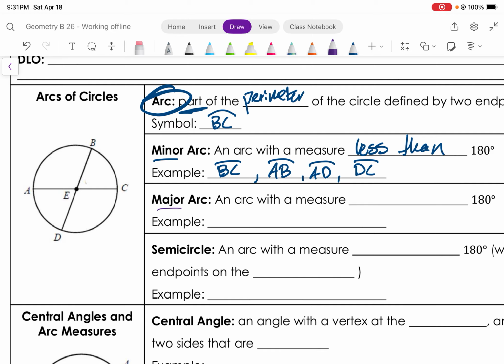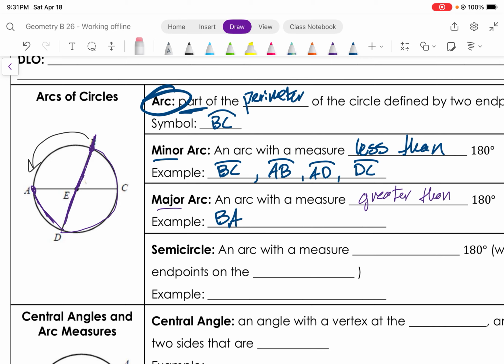So then major arc, you guessed it, is an arc that is greater than 180 degrees. So an example for that would be if I'm starting at B, I would have to go all the way around past D because there's the diameter, which would make it 180 degrees. And so then maybe I go from B all the way to A. And so we have to be very careful on how we name these. You cannot say BA because that could mean that I'm going on the shorter side, the minor arc.